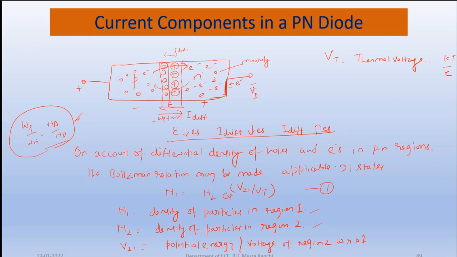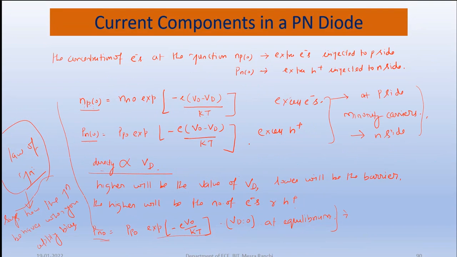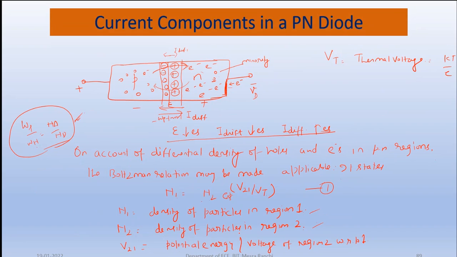What does the Boltzmann relationship say? N1 equal to N2 exponential V21 by Vt. What is N1? N1 is the density of particles in region 1, and N2 is the density of particles in region 2, right? And what is V21? It is the potential energy divided by voltage of region 2 with respect to region 1, divided by the thermal voltage Vt.